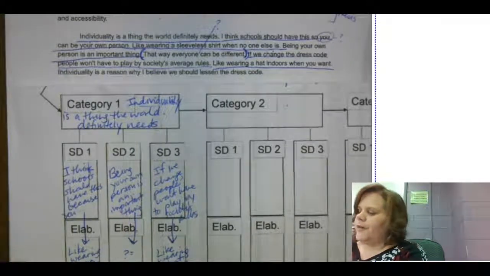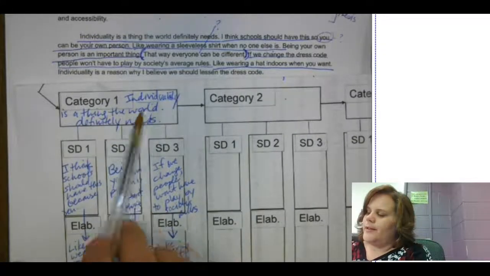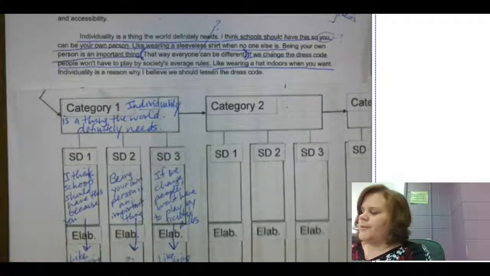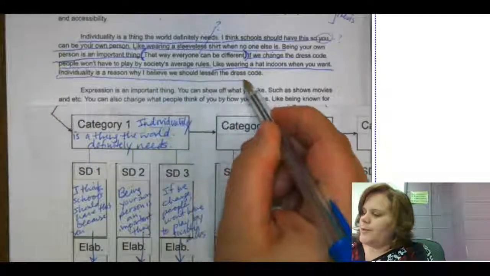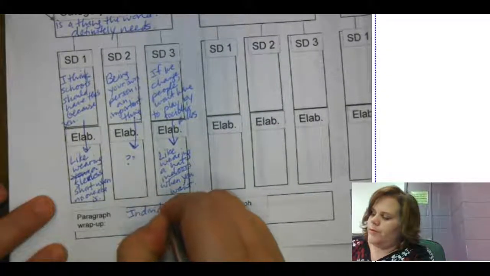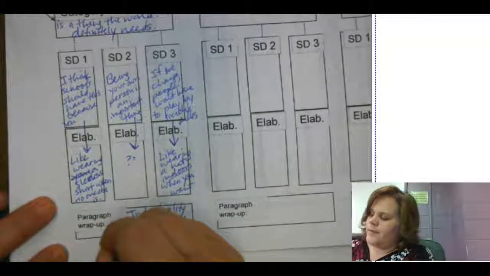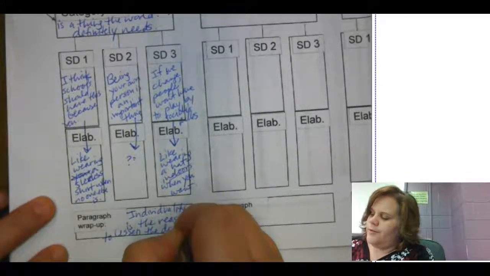Alright, and then next should be a wrap-up sentence. So it's kind of a reverse of this. We're saying something like individuality, we need it, dress code should be individual, something like that. Individuality is the reason why I believe we should lessen the dress code. So individuality is the reason to lessen the dress code.